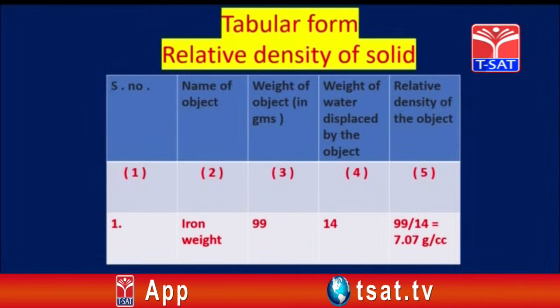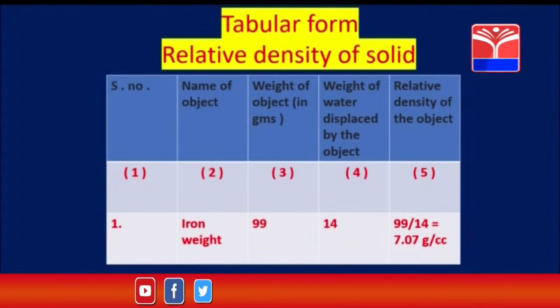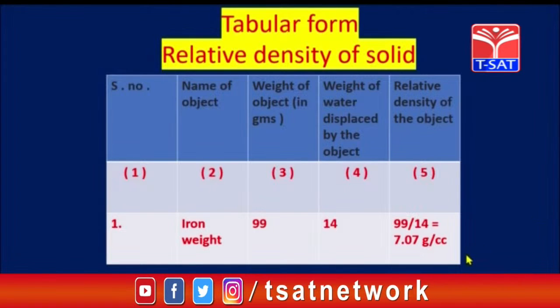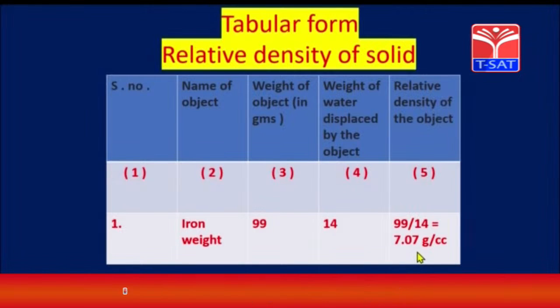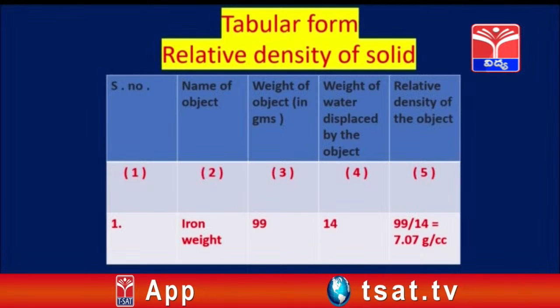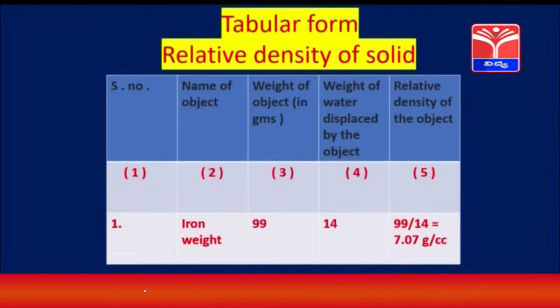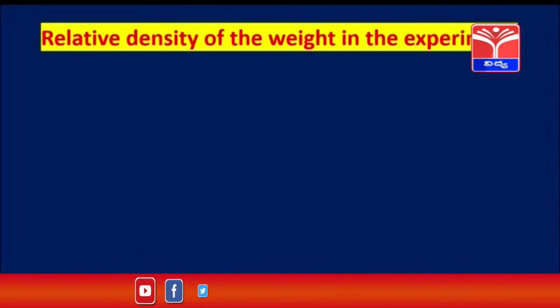Density would mean 7.07 gram per centimeter cube, but relative density has no units. So the relative density is 7.07. Understood, children? With that lab activity, we found the relative density of that iron weight is 7.07. Right, children? Then how to find the relative density of a liquid?